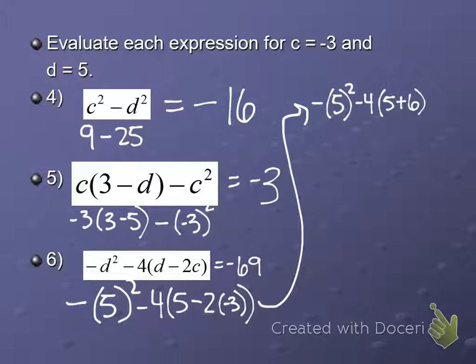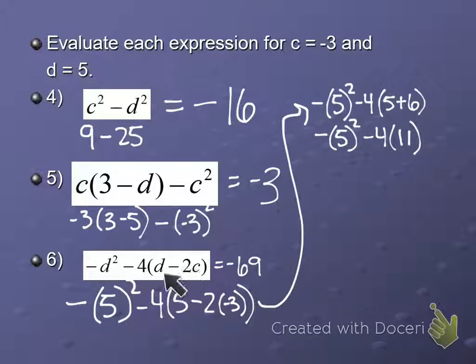Are we okay with that? Once we get inside the parentheses, we kind of have to start over with our order of operations. So that's why we have to do the multiplying, the minus 2 times negative 3, first. Now we can add inside our parentheses, so I'm still not dealing with this exponent yet. 5 plus 6 is 11.